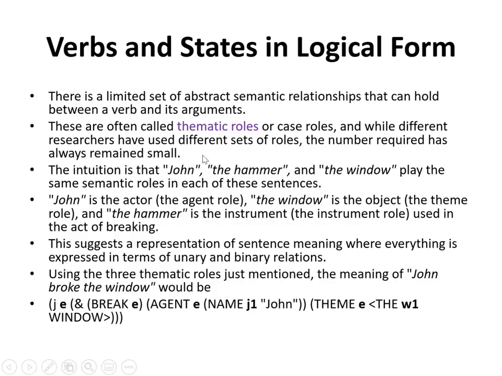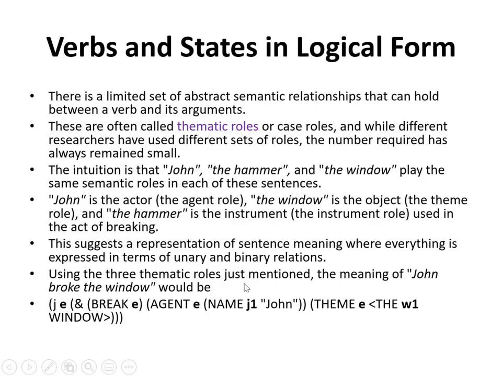Then we have the hammer, which is nothing but the instrument. That's why we have written INSTR, and the window is nothing but the theme, that is the object which we are working with. This suggests a representation of sentence meaning where everything is expressed in terms of unary and binary relations.